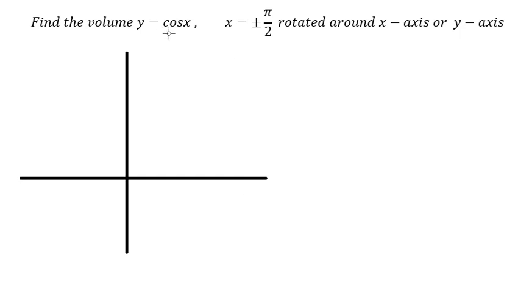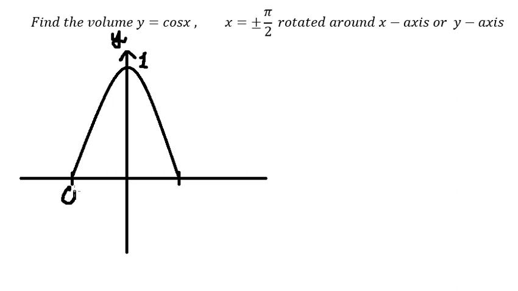We need to graph cosine x from negative π/2 to positive π/2. So that should be like this. When x equals 0, the value is 1. When x equals negative π/2 and positive π/2, the value is 0.